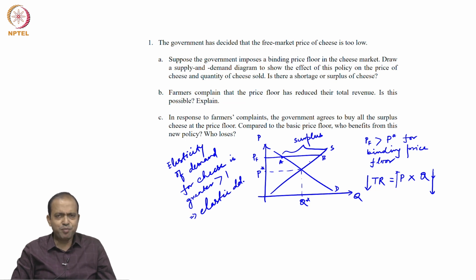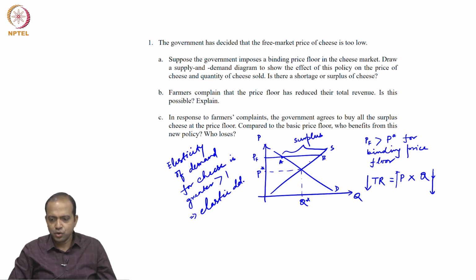Now, if the government purchases all this surplus cheese, obviously it would be beneficial for the producers, because they are getting a higher price for their product and they are able to sell all the surplus also. Earlier the price was P star, now it is PF. Since PF is greater than P star and the government is assuring that it will buy all the surplus, the producers are actually benefiting.